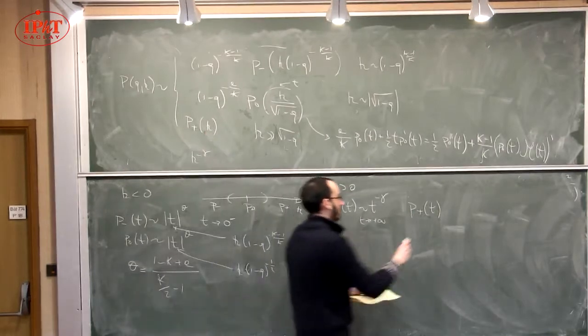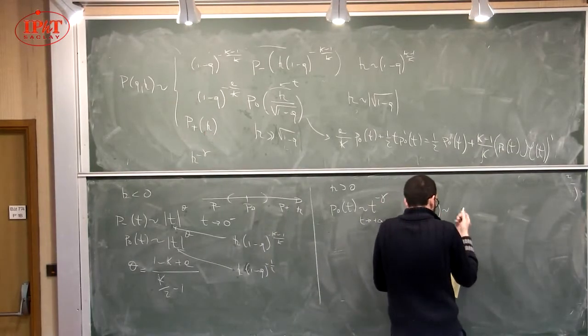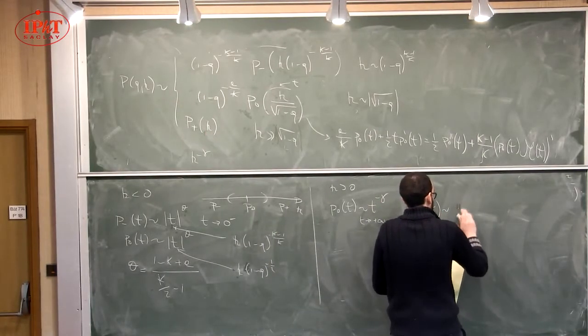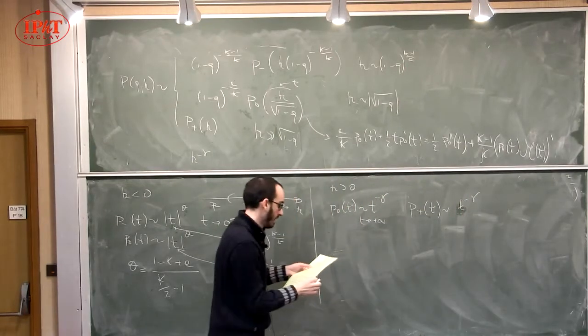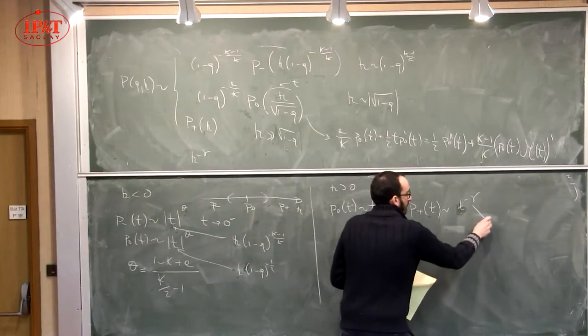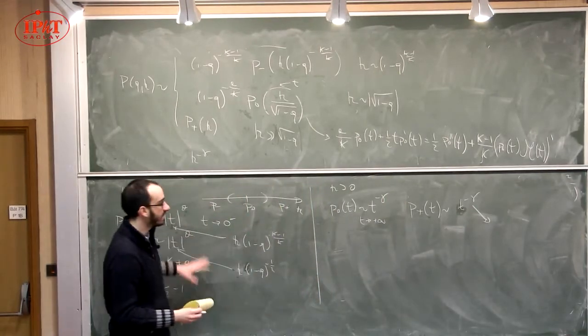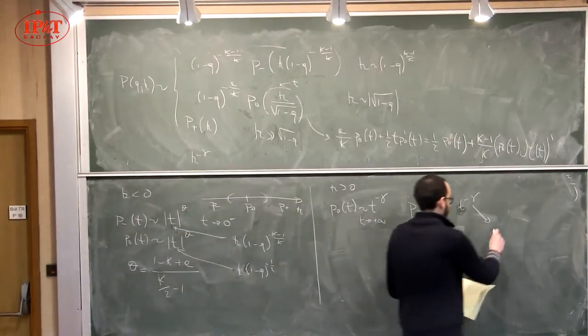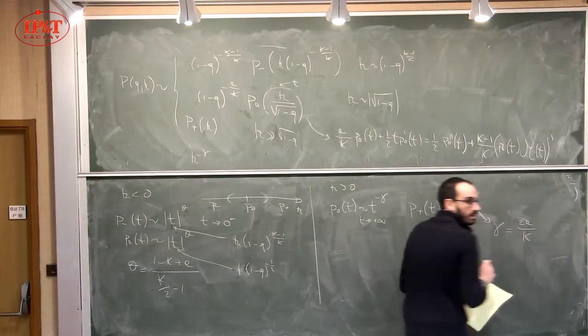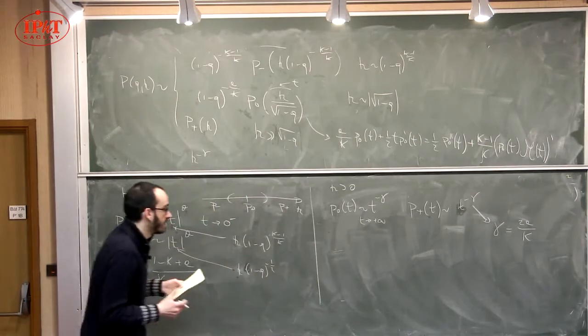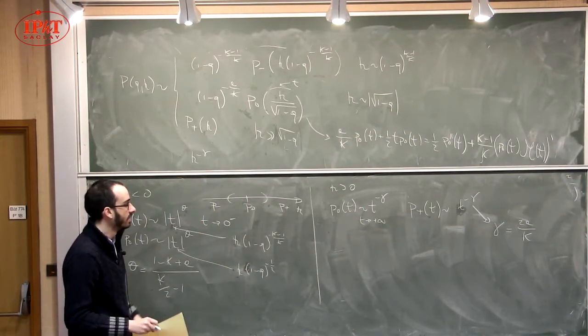This should go exactly the same way, so t to the minus gamma. Okay. And when you do this, you play exactly the same game, and then you get that gamma is equal to 2a divided by 2. Okay, it's just algebra.